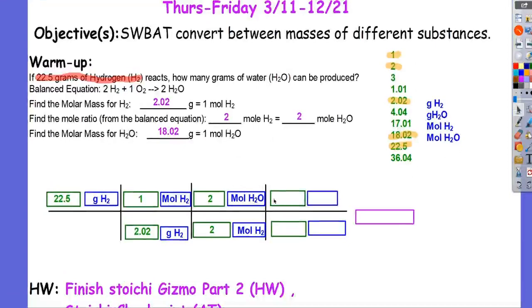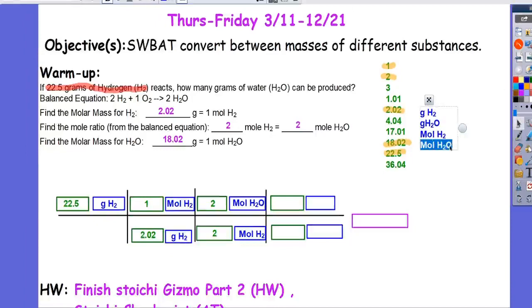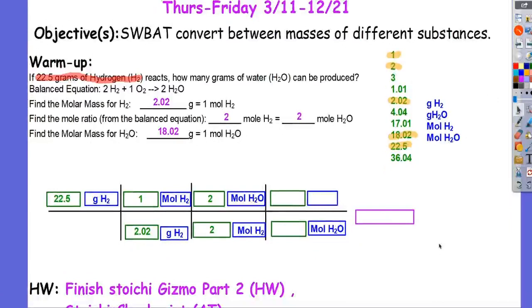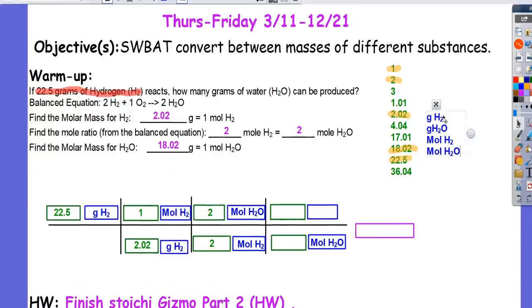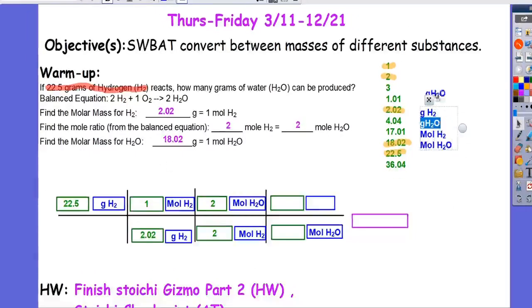Now I've got moles of H2O at the top. Once again, I want to cancel that out. So I'll get moles of H2O, put that on the bottom. And when I look at my equivalency statement, moles of H2O are equal to grams of H2O. So let me put grams of H2O on top.